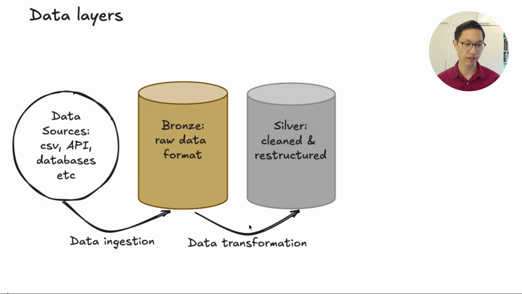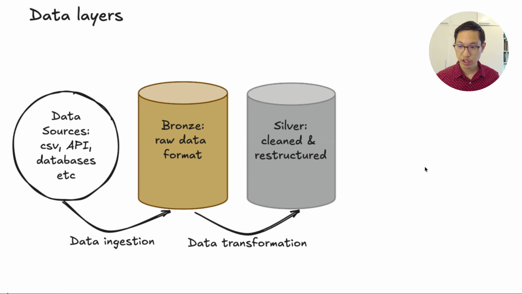Then moving on, we have the silver layer, which is the cleaned and restructured layer. We do some data transformation. Here we don't have any strict requirements on how to do the data transformations, but we have done some massaging or transformation of the data. For example, if you have done more modern data warehousing, you're maybe used to the staging layer, which corresponds to the bronze layer, then the refine layer, which corresponds to silver, and then the marts layer.